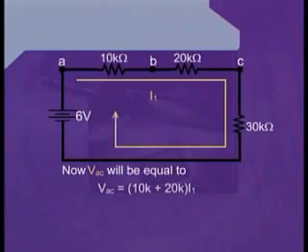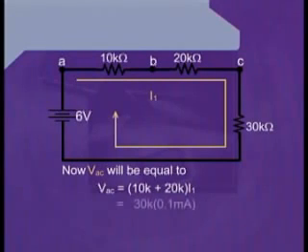Now, because from the body of the question we are interested to calculate the voltage between the points A and C, we can write the equation for voltage VAC as VAC is equal to 10K plus 20K into I1.